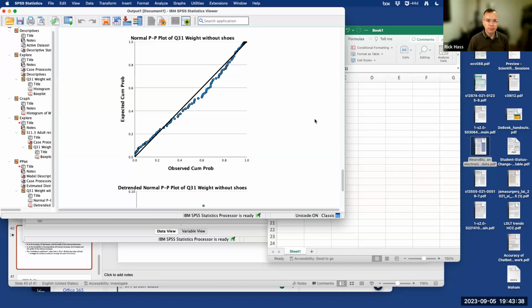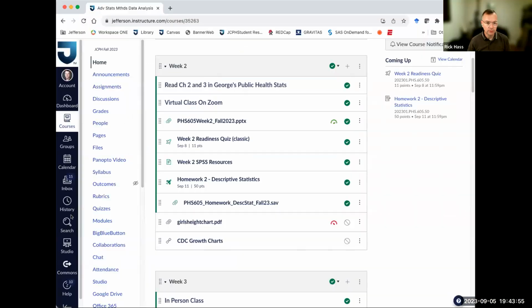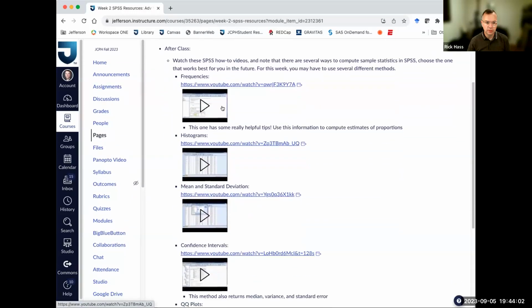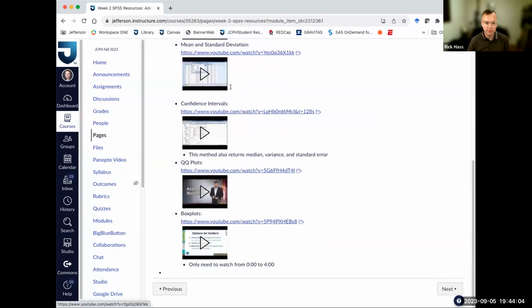So the book describes PP plots. It talks about box plots and histograms, Dr. George's text. And then there's videos of everything else on Canvas. And so just to remind you, here under SPSS resources, it takes you through pretty much everything.